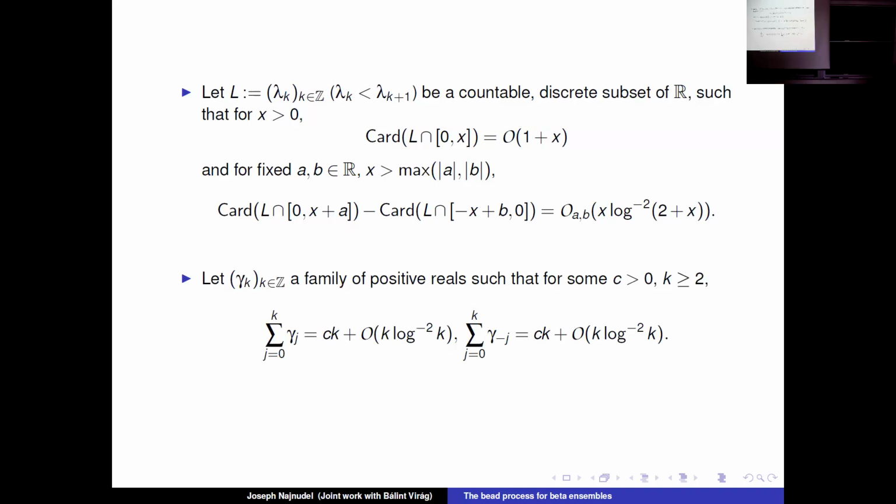And we have a family of positive reals, also quite well balanced. So the sum of the k first positive ones is proportional to k, plus an error which goes to infinity slower than the main term, so slower than linearly.